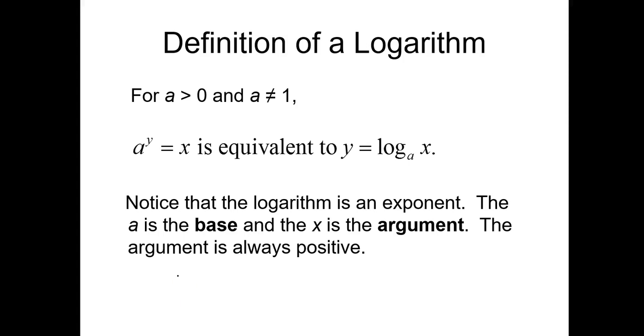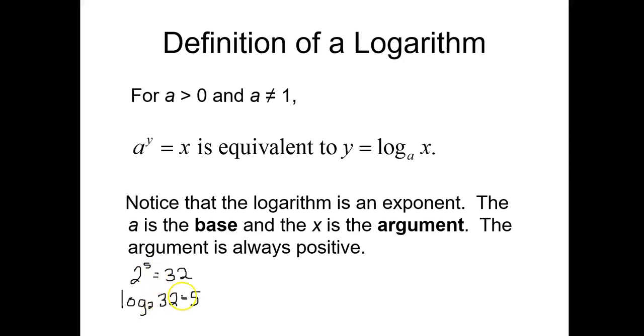So let's say you have something like 2 to the 5th equals 32. Okay, so this is like having the form a to the y equals x. Well, you can rewrite that in logarithm form. You can say log base 2 of 32 equals 5.